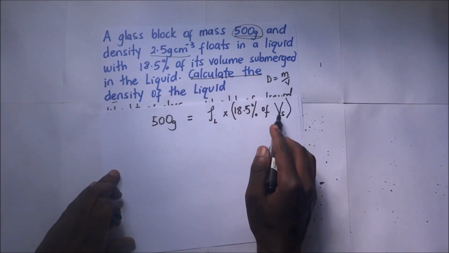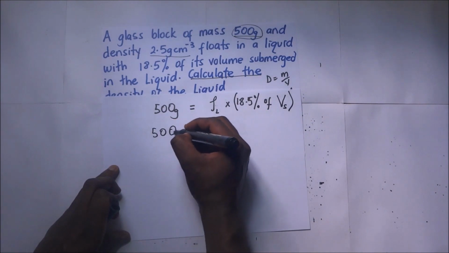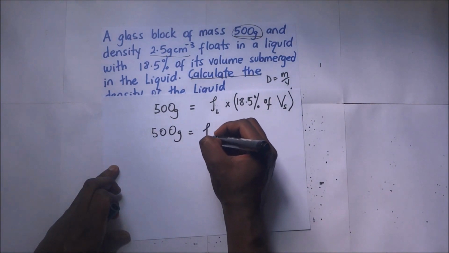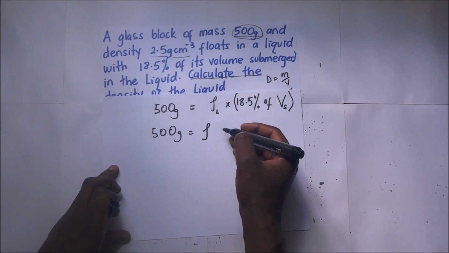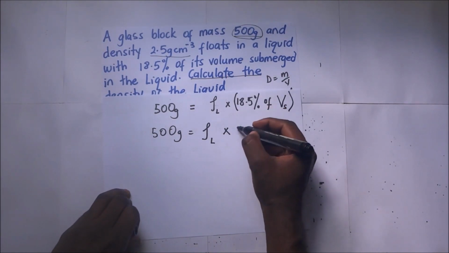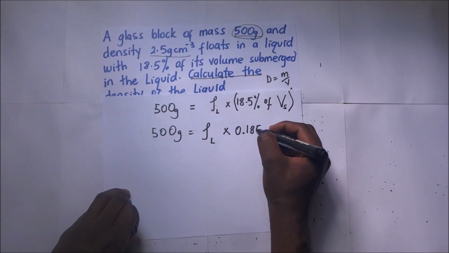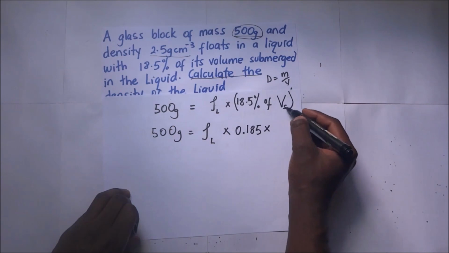So 500 grams is going to be equal to the density of the liquid, multiplied by 18.5%, which is 0.185, multiplied by the volume of the solid.